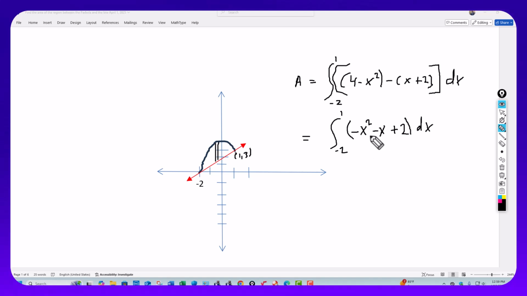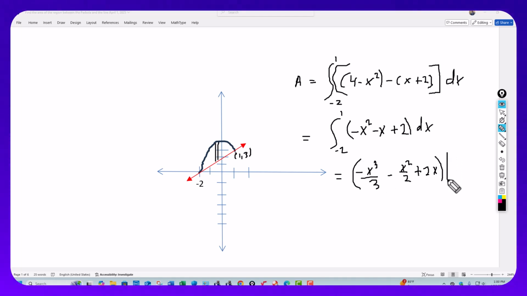Just a regular trinomial. So then we integrate here. Add 1 to the exponent here, we get minus x to the third over 3. Then minus x squared, add 1 to the exponent, divide, minus x squared over 2, plus 2x. The integral of 2 with respect to x is 2x.